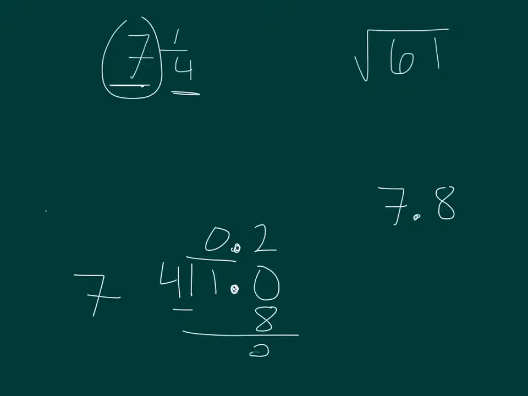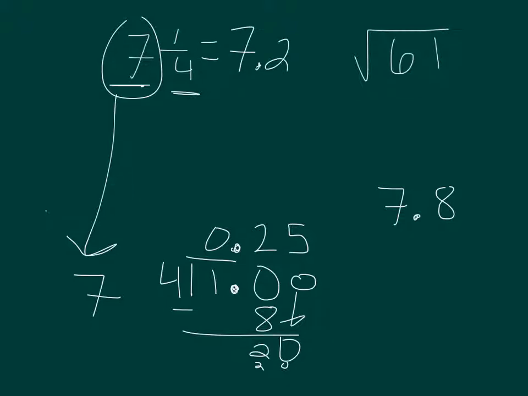I will subtract and get 2. Add a 0, bring it down. 4 goes into 20 5 times. 5 times 4 gives me that 20, and 20 minus 20 is 0. So I know that I can rewrite 7 and 1/4. I can keep my 7 the same, and the 1/4 I can write as the decimal 0.25. So 7 and 1/4 is the same thing as 7.25.